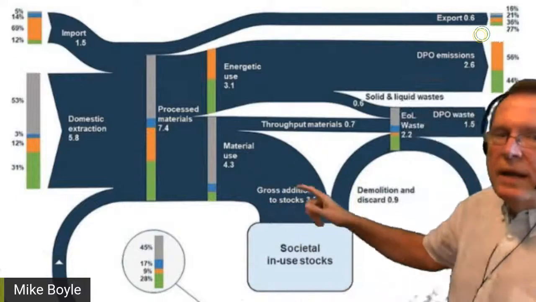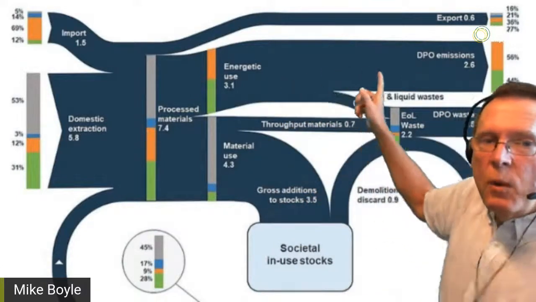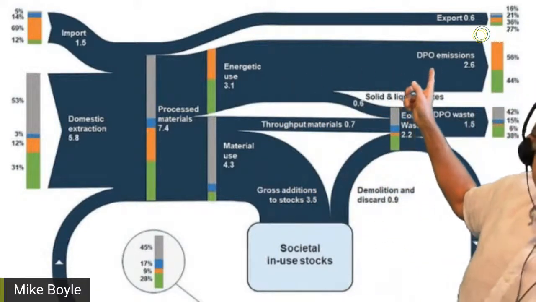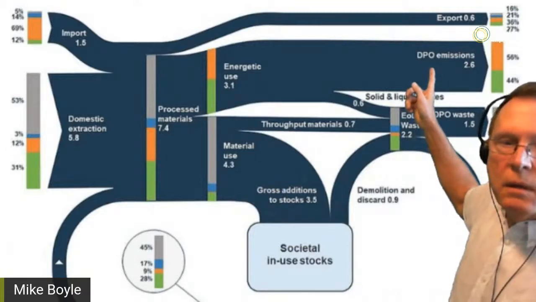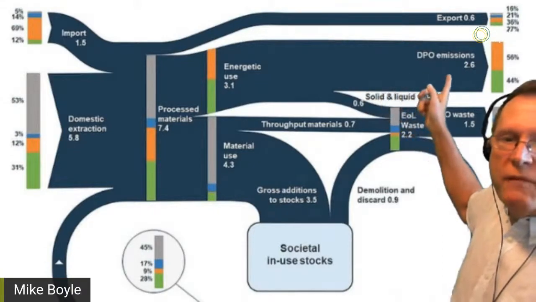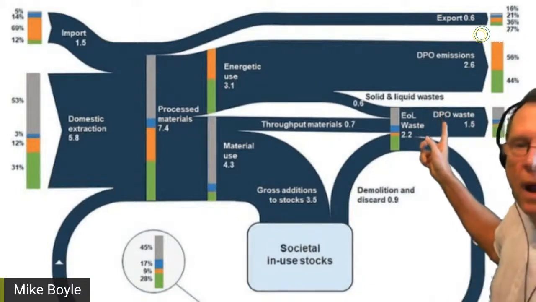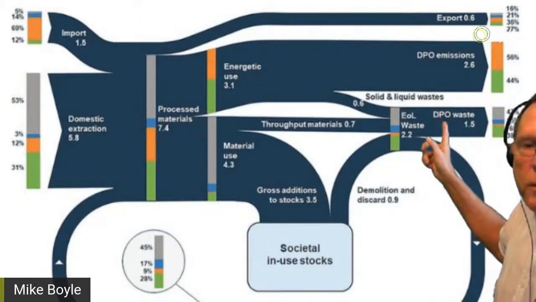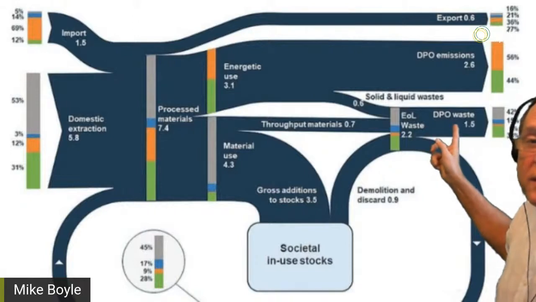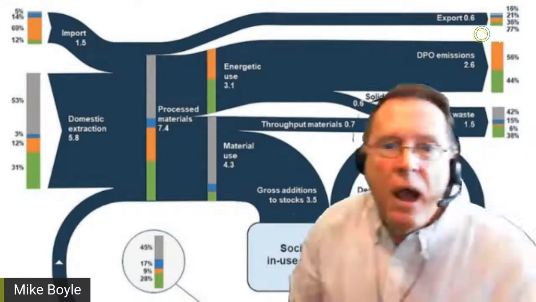And then let's concentrate at the end, and then we'll move on. We have our domestic process output. Out of all of the 7.4, 2.6 is what's left, and then we have our domestic process output waste, which is 1.5. So there's a fair amount that ends up as waste, and we're not even talking about how we break all of this down.